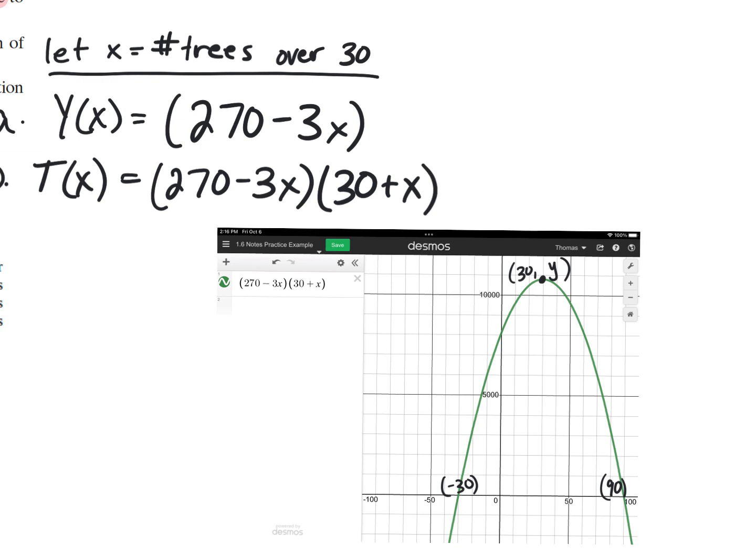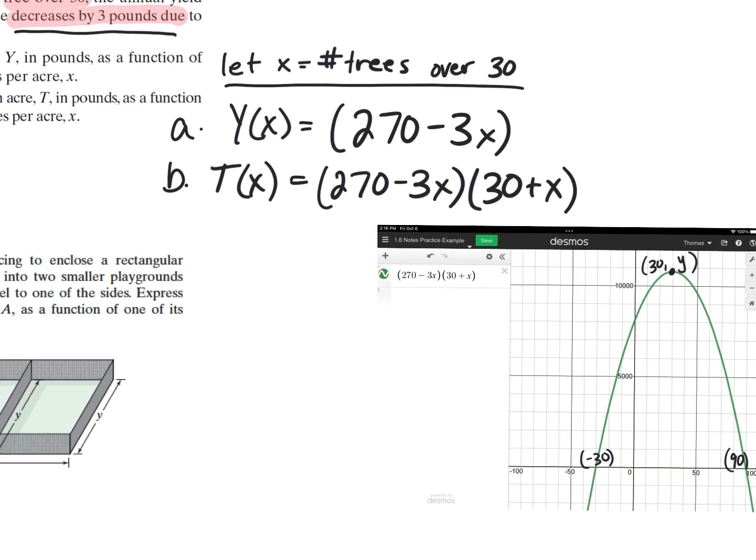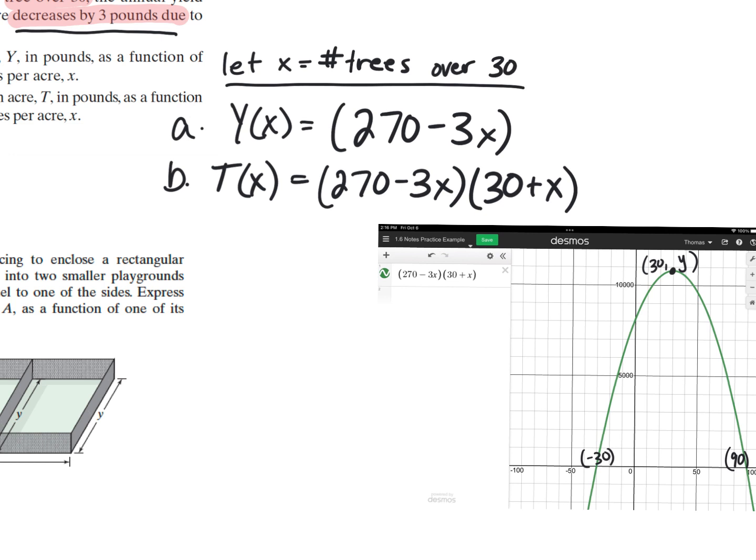We need to be able to understand what these coordinates are telling us, right? So the 30 tells us the ideal number of trees is 30 more than the original 30 we've already started growing. And then the y value, whatever that is, and honestly I don't really care for our purposes here because we're just building functions, is actually the total yield of the acre.